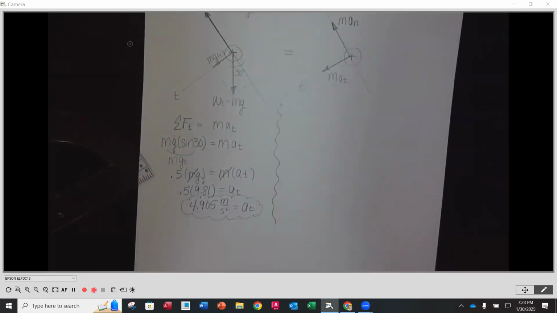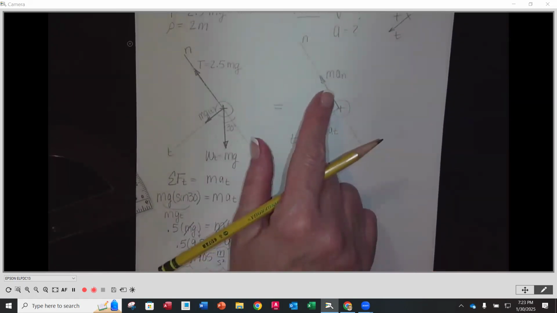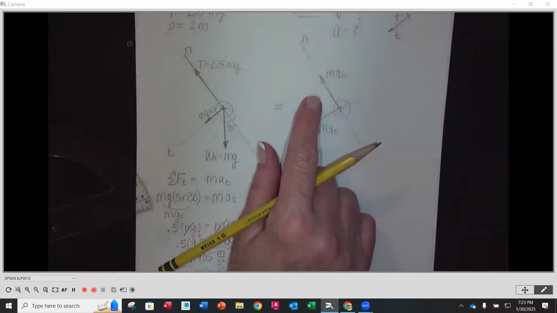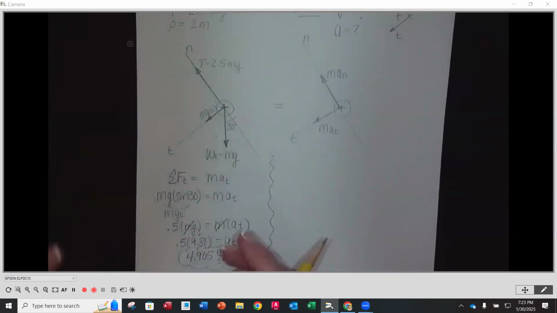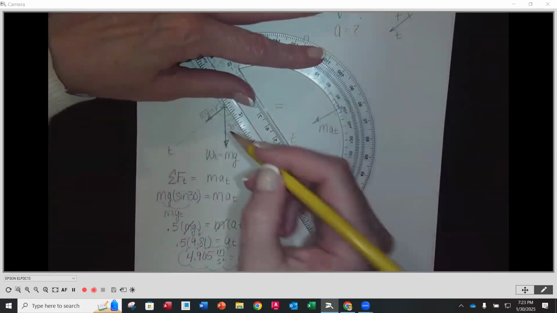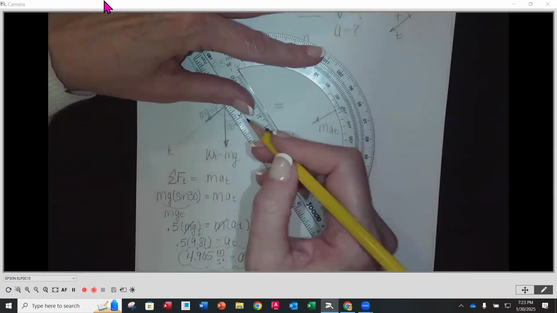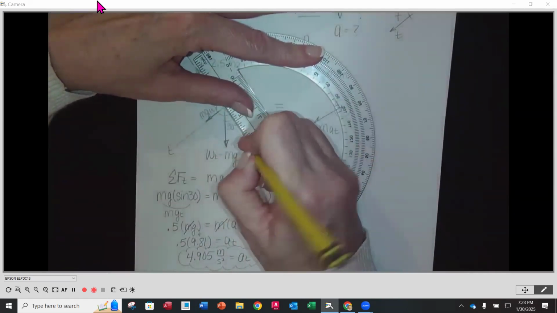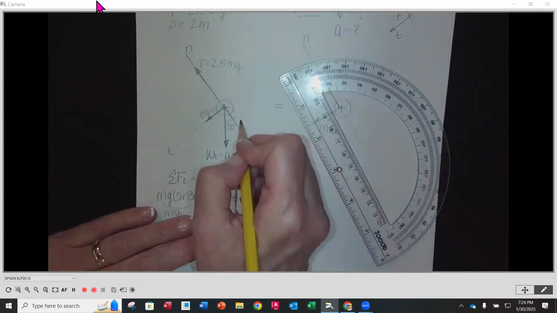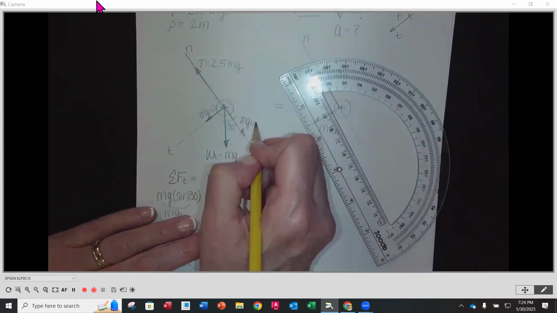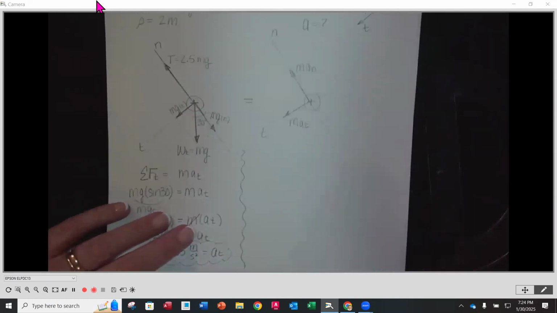Now to get the normal component, you'll notice that the normal component of the acceleration is along the n-axis. So now we're going to sum our forces along that n-axis. And as you can see here as well, there is going to be an n component of the weight. So this is going to be mg normal component, right?